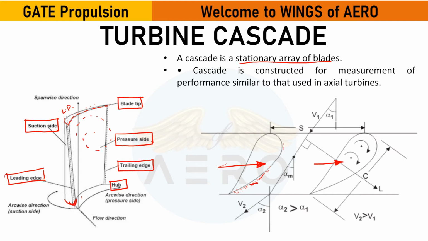If I denote the circulation as capital gamma and apply the Kutta-Joukowski theorem, the lift per unit span of this blade is rho V circulation.